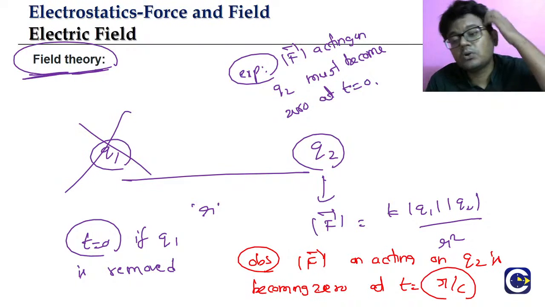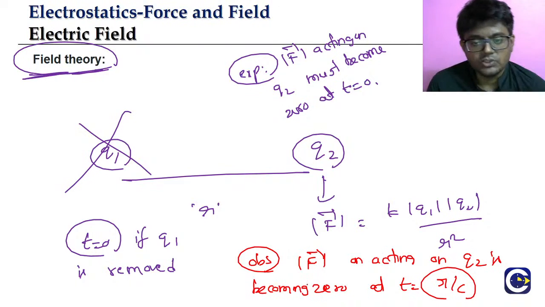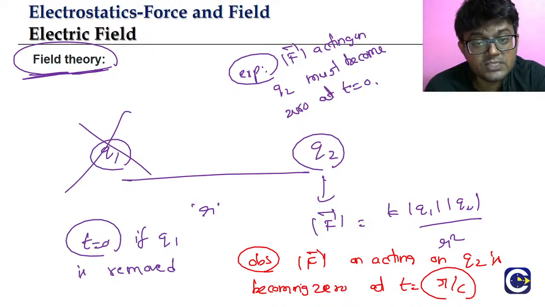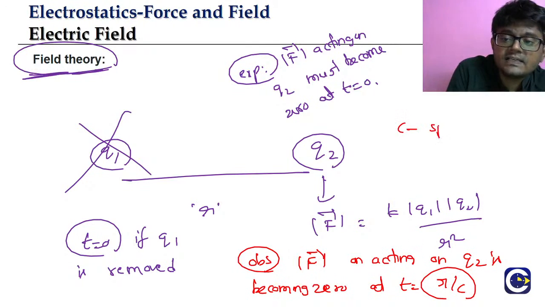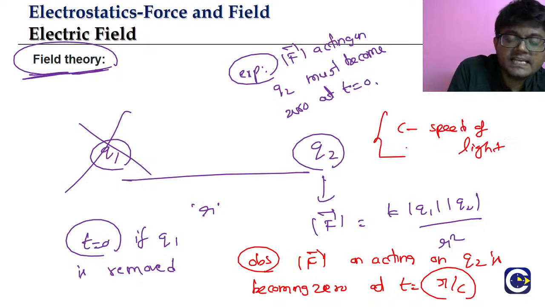At t is equal to r by c, not at t is equal to 0. When it is becoming 0, t is equal to r by c. Here, what is c? c is the speed of light.